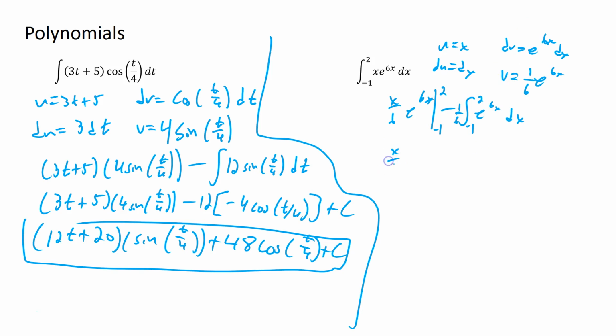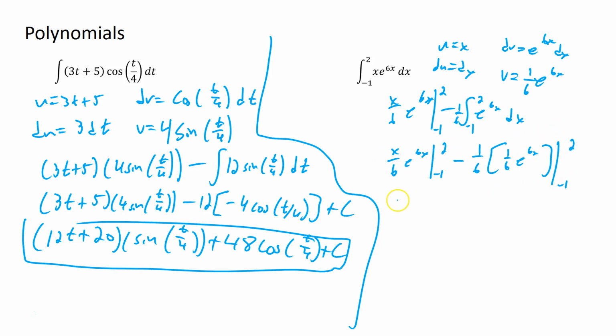So that is x over 6 e to the 6x, evaluated from negative 1 to 2, minus 1/6 times, this is going to once again be 1/6 e to the 6x, evaluated from negative 1 to 2. Now plug things in.